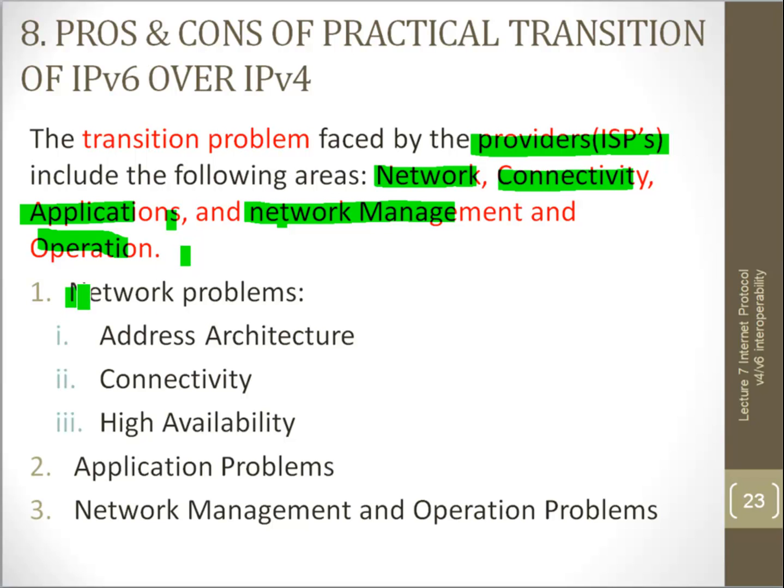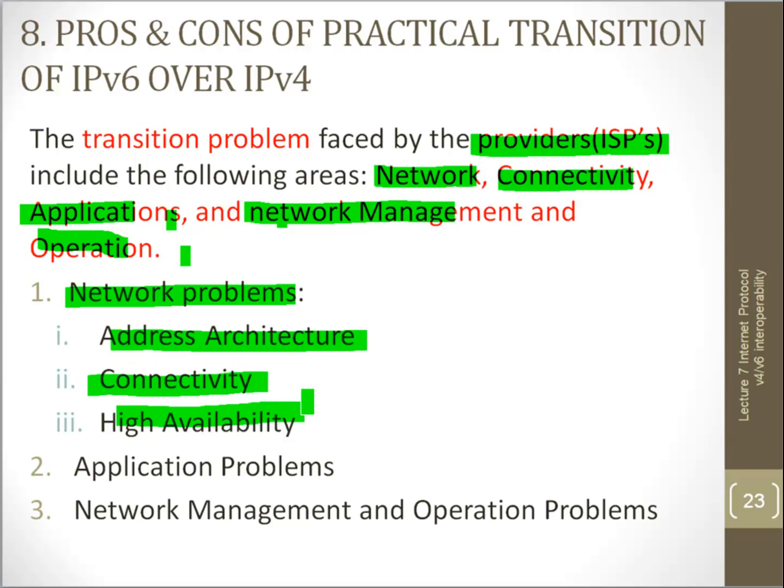If you see the network problems particularly, address architecture, that means based on the version of the protocol, there are a lot of changes you must make in your network. Connectivity problems, high availability, then application problems, network management and operation problems. These are all the problems while moving from 4 to 6, but we have to do it.